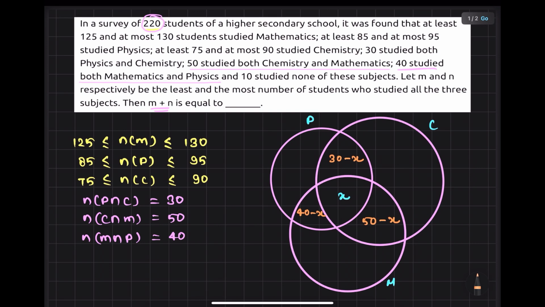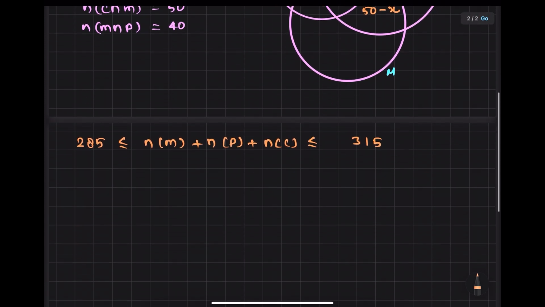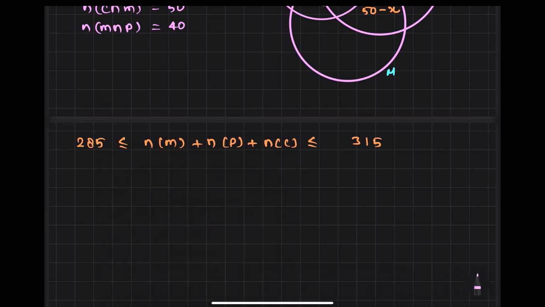Now look at how we will approach this question. We have to find the value of these things, so we will take help of another equation. This is the first equation.